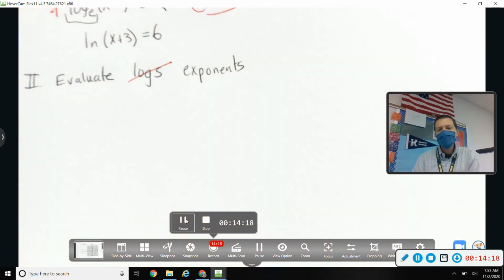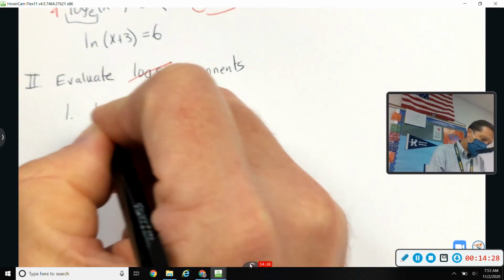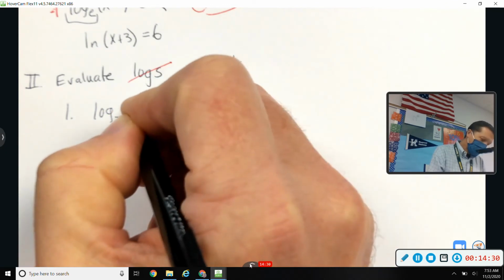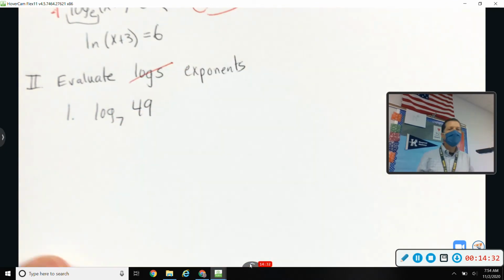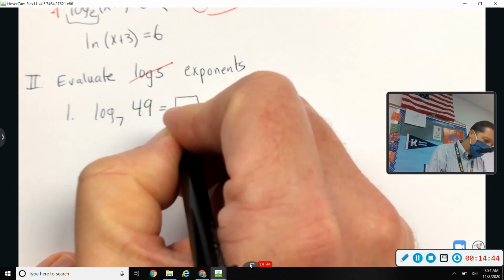Because most people are far better at exponents than they are at logs. Show you what I mean. Log base 7 of 49. Probably your initial reaction is, logs, I'm not too familiar with logs. That's fine. I'm trying to figure out what log base 7 of 49 is.